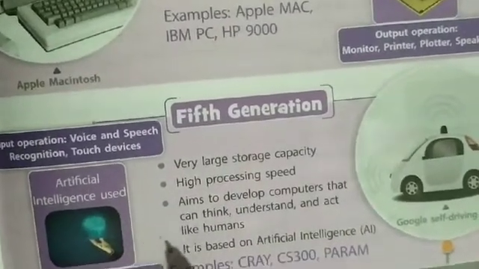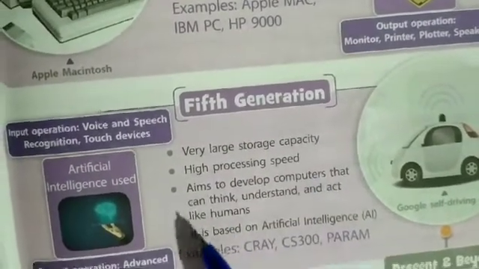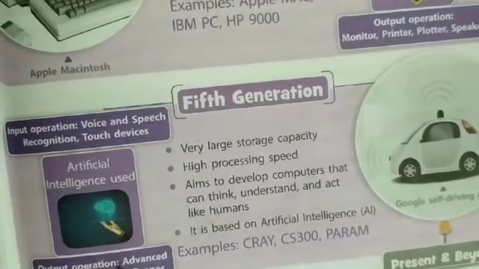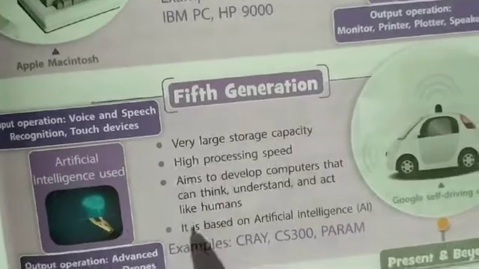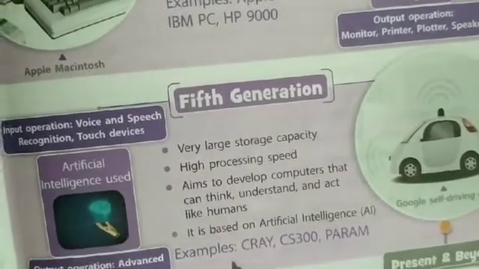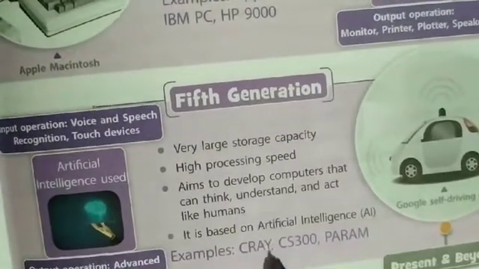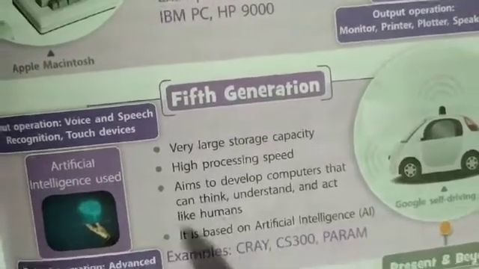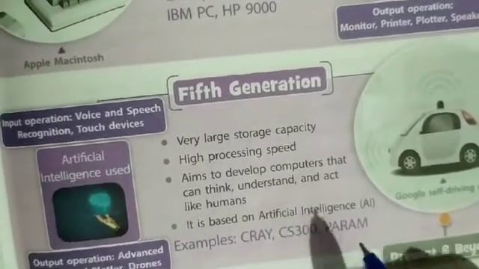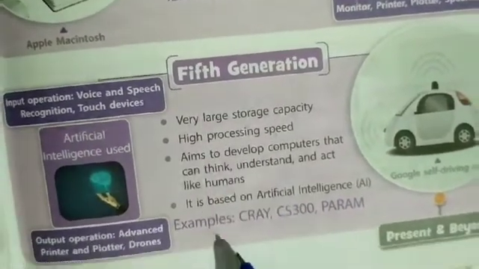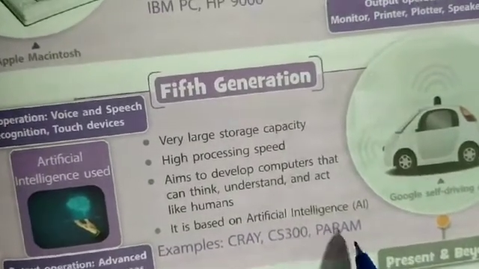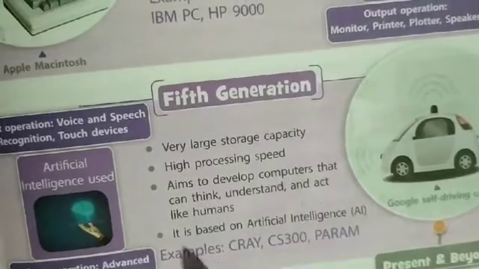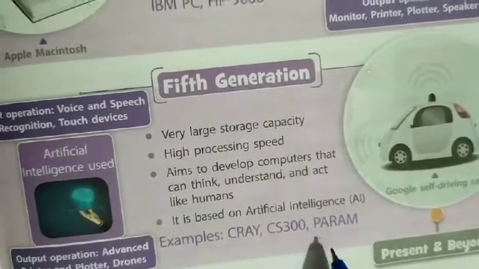Their processing speed is very high, and in this generation, some computers were developed which can think and understand like human beings, which is based on artificial intelligence, like robots. These are the examples of 5th generation computer: Cray, CS300, Param.